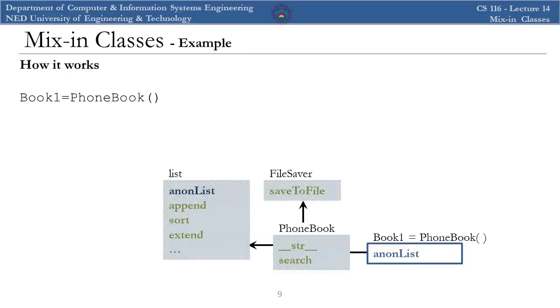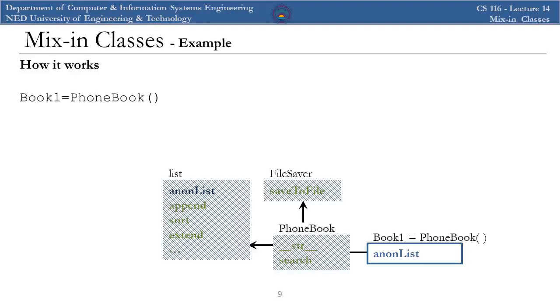And now since book 1 is inheriting from all these three classes in one way or the other, like list, file saver, and phone book, whatever instance variable exists in any of these classes will be part of book 1, right? We know that the phone book class does not contain any instance variable. You can just go check the code.